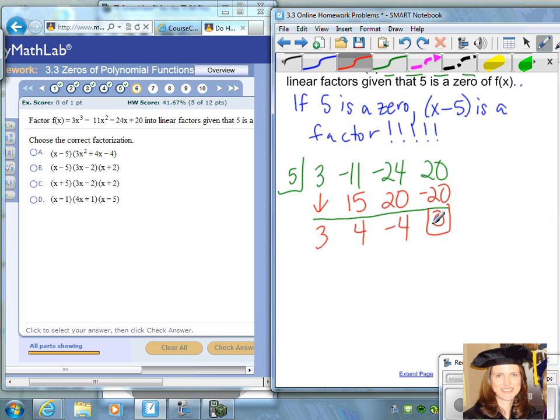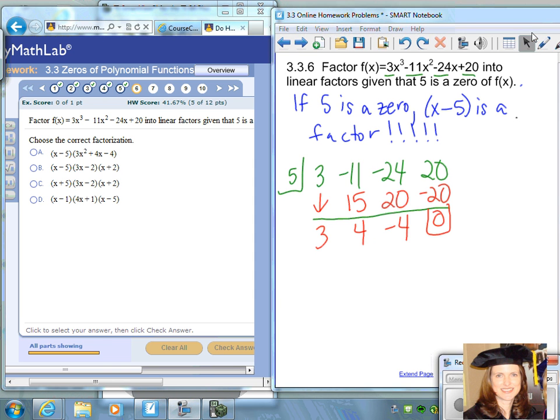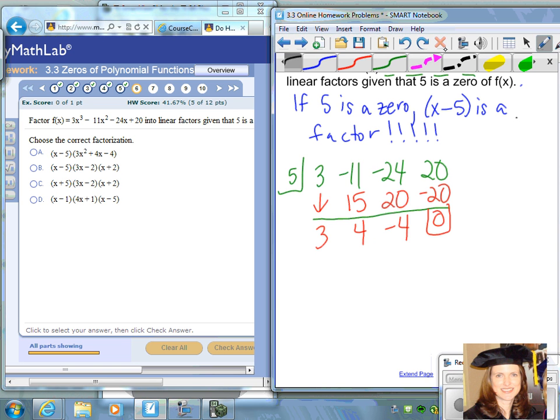The remainder of 0 says that 5 is a 0, and what that does is it corresponds to the factor of x minus 5. This polynomial can be factored into one of the factors. Alright, so this polynomial function can be written as 3x cubed minus 11x squared minus 24.